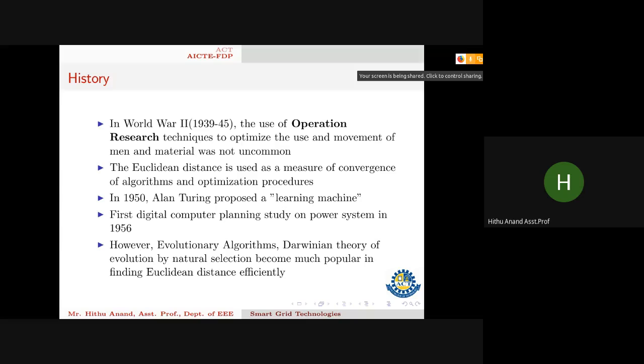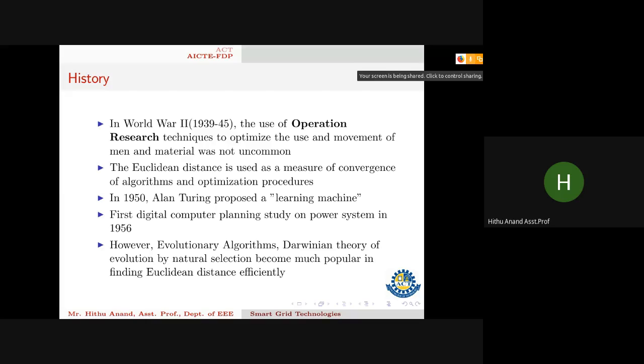Techniques like operation research, which were very much used in World War II, were applicable to power system problems, where we formulate and solve in the dimension of Euclidean distance, that is Euclidean geometry. So in 1950, Alan Turing made a learning machine.